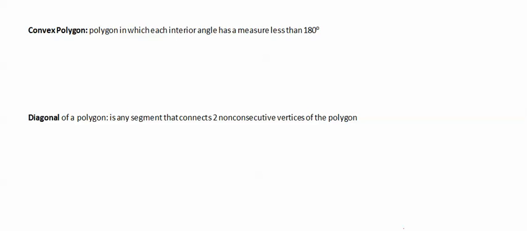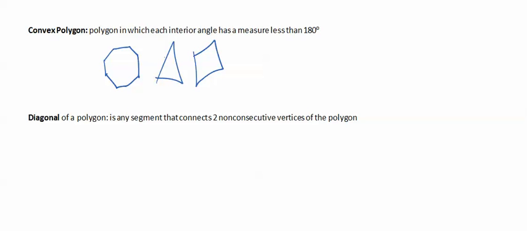A convex polygon is a polygon in which each interior angle has a measure less than 180 degrees. So you can think of many multi-sided figures for this. You can think of an octagon, triangle, quadrilateral, whatever you can think of.